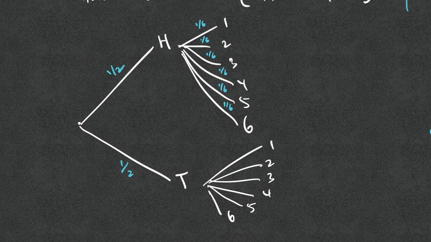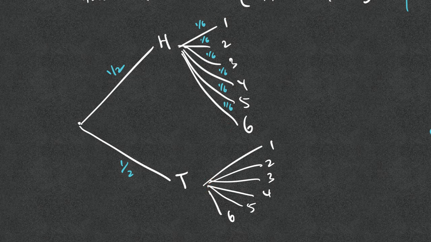This means the two probabilities, 1/2 plus 1/2, add up equal to 1. Similarly, the outcomes 1, 2, 3, 4, 5, 6, 6 branches coming out from the same point head. And so these 6 probabilities, 1/6 each, add up equal to 1.